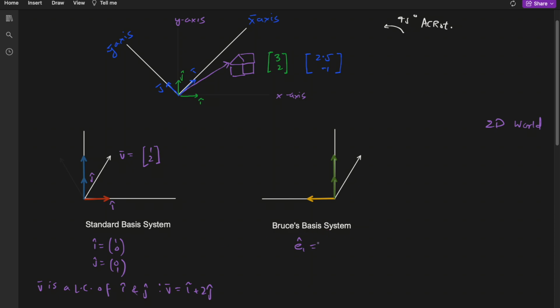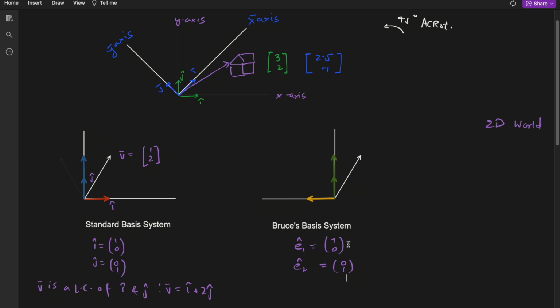With respect to our standard basis system, this is minus 1 comma 0. And E2, with respect to our standard basis system, is 0 comma 1. He already told me these basis sets very secretly.